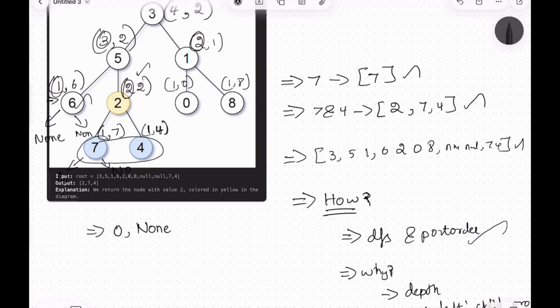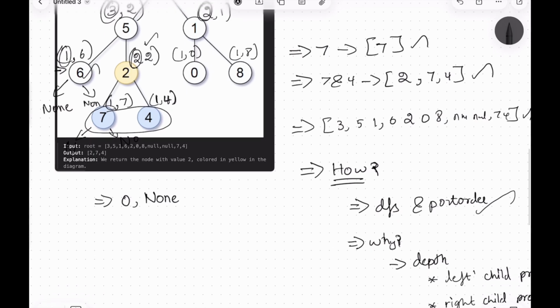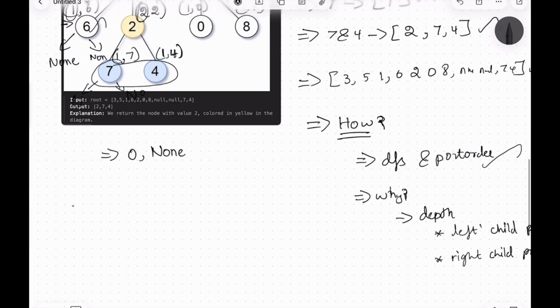From this we can say that we are choosing the left node when the length or depth of left is higher, right? So when depth left is greater than depth right, we choose the left node.